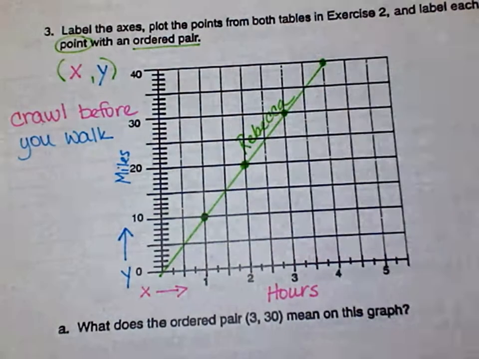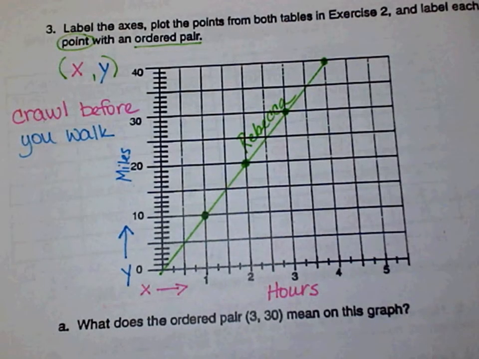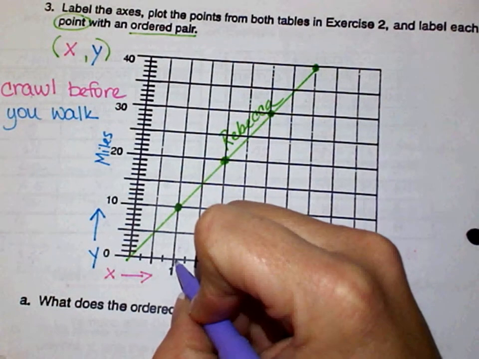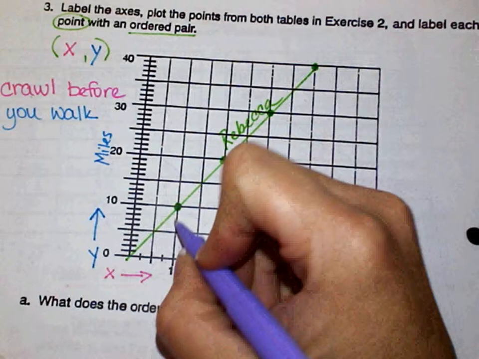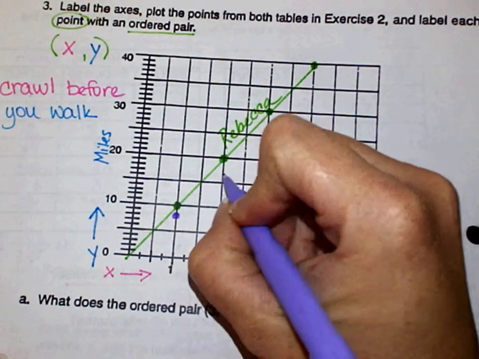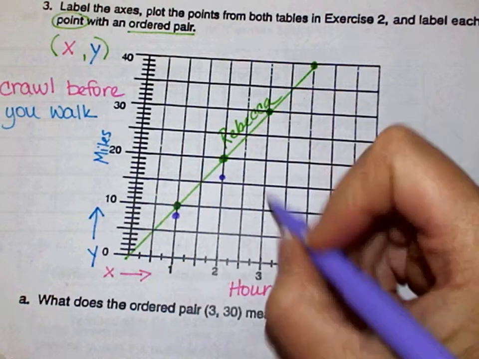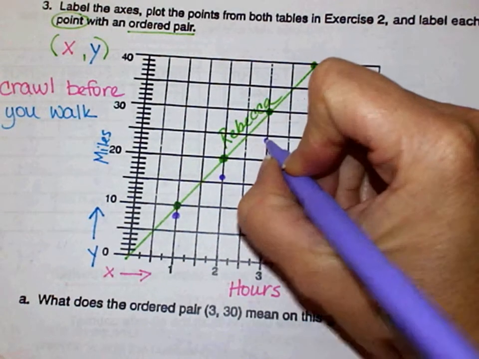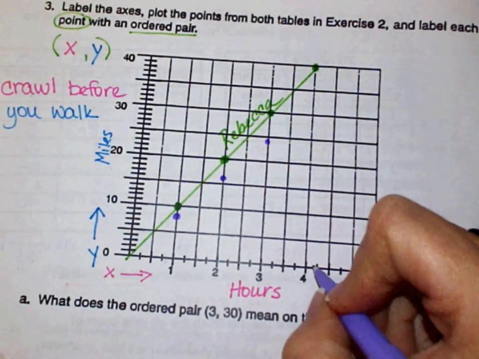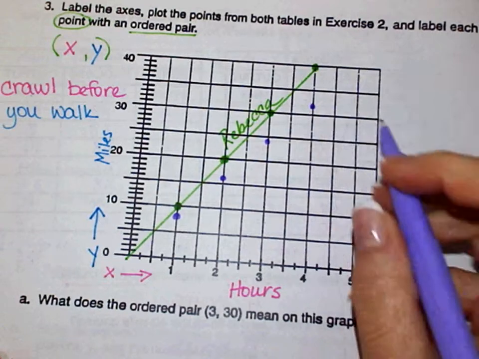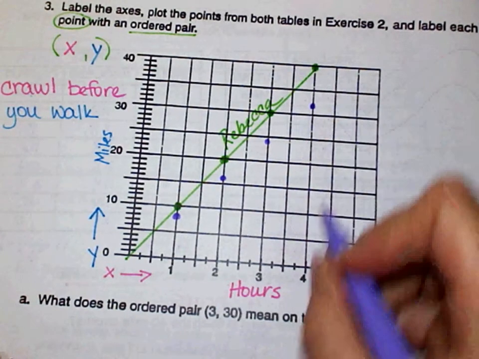Then I'm going to do Daryl, same thing. If he went 1 hour, he had gone 8 miles. 2 hours, 16 miles. 3 hours, 24. 4 hours, 32. Just do your best. They're not right on a line like Rebecca's is nice and neat.